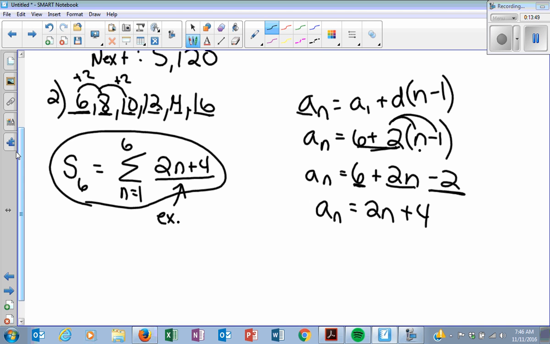So since it says S6, what can I do with all these things up here? Just add them in my calculator together? I'd be fine with that. What other way would I be okay with? Whose formula could I use? Gauss. Do I have the first term? Do I have the last term that they want me to get to? Do I know the n? What's the n in that?